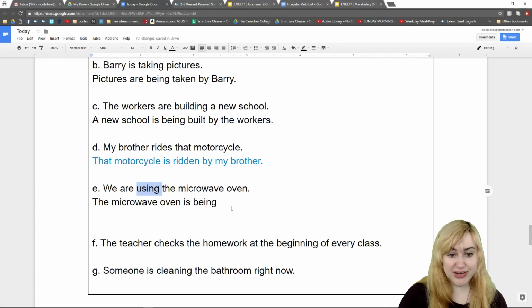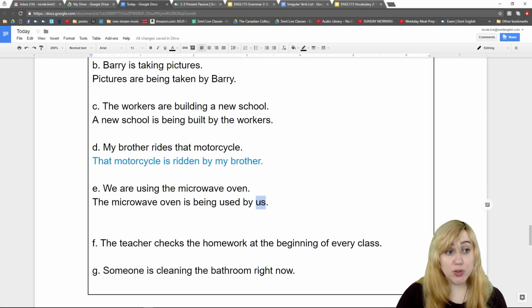Used is our verb 3. And then I'm going to say by, and this part's a little tricky. We have to change to the object form. So we're going to say by us. Because remember, we was the old subject, but it's the new object.